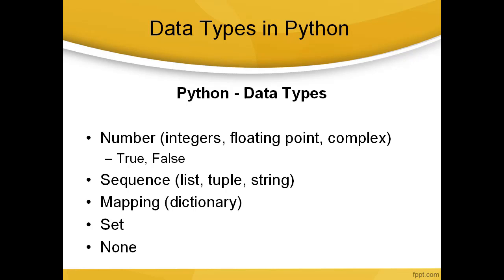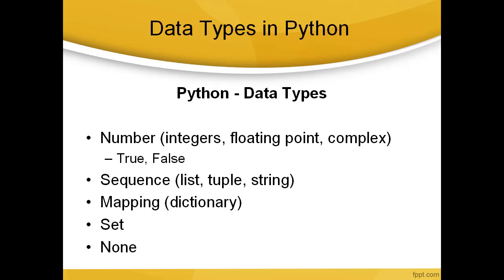Data types in Python. There are a bunch of data types in Python. Those are broadly categorized as number, sequence, mapping, set, and none. Integers, floating point, and complex numbers are part of the number group, whereas even True and False are part of the number group, because when you convert booleans to integers, True is represented by 1 and False by 0.